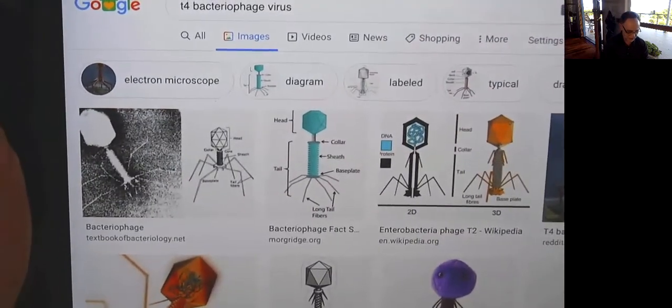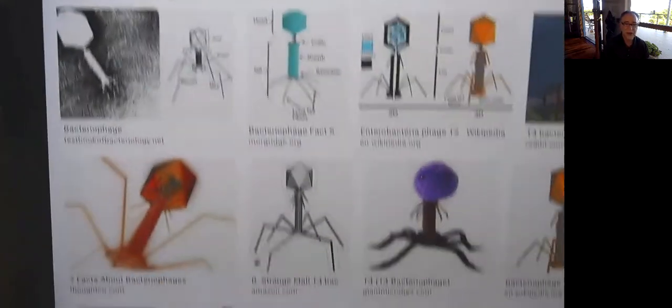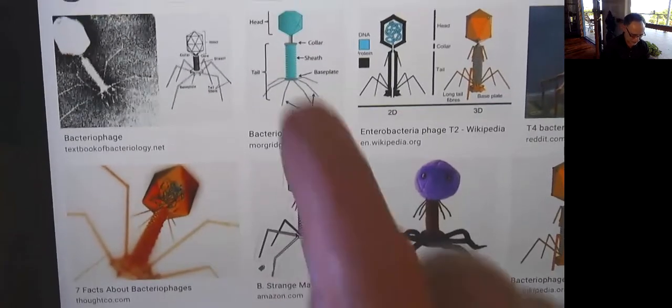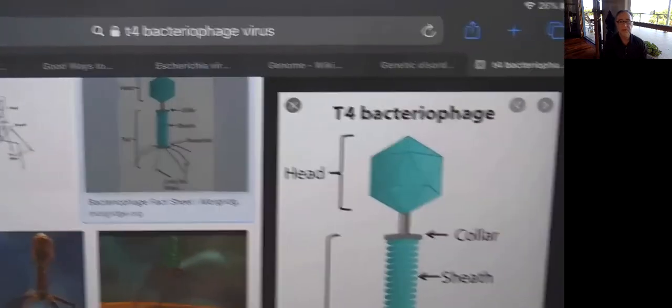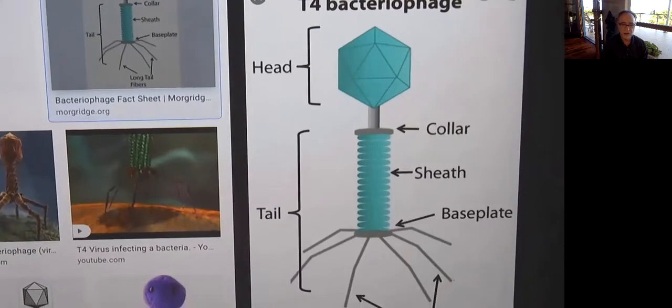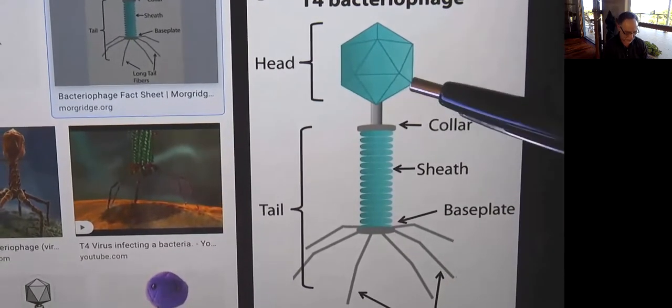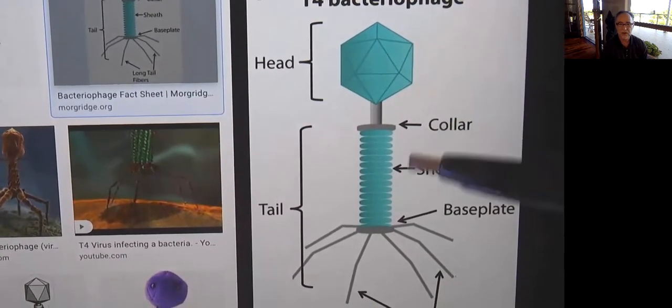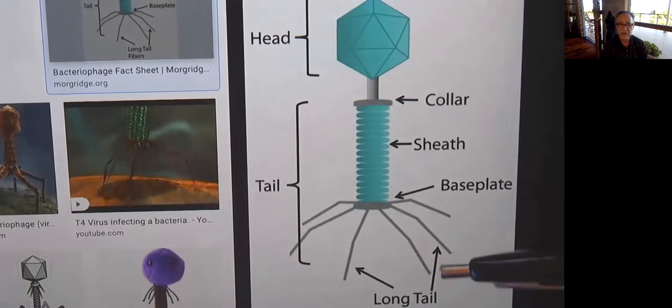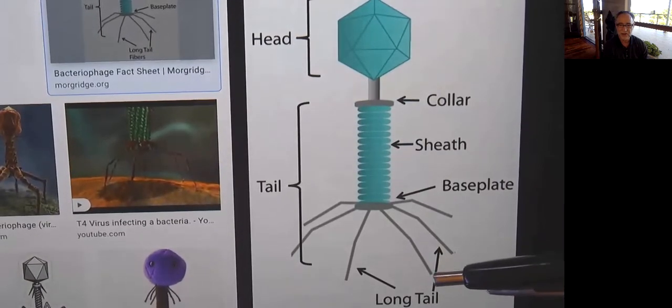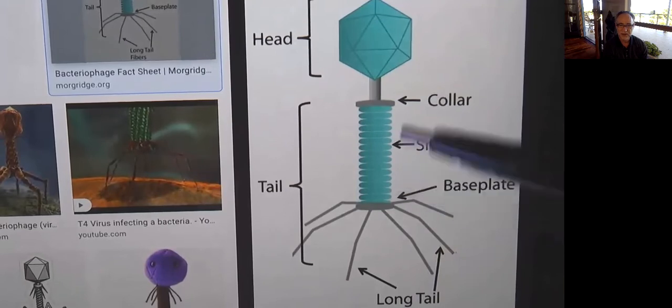So here's an actual electron micrograph of one. And here's this diagram, and it's pretty phenomenal. Icosahedral head, 20 triangles. It's got these little landing gears that attach to the bacterial cell, and this base plate, sheath, and collar.